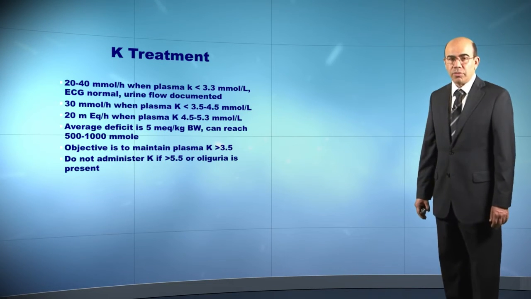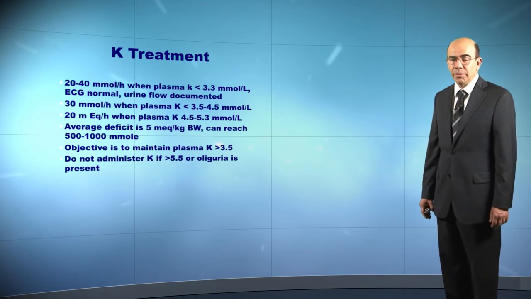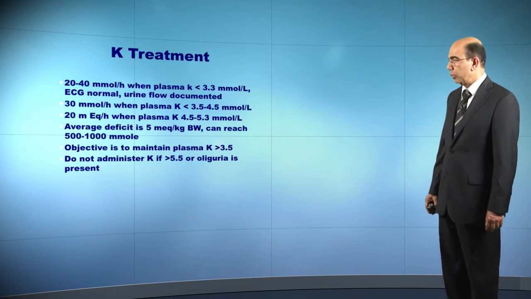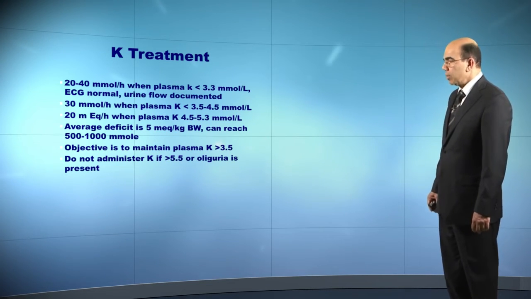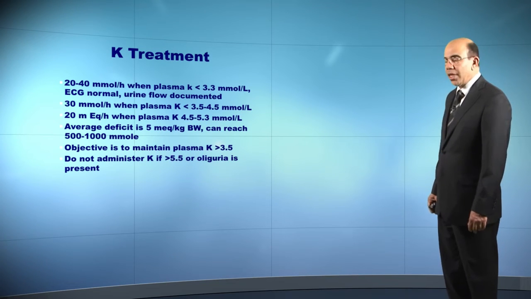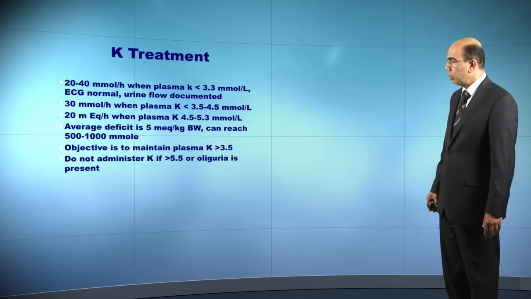Potassium treatment is extremely important in those patients, and hypokalemia is extremely dangerous for such patients. It leads to arrhythmias and therefore should be given paramount importance. In general, there is a sliding scale for potassium administration, so that when the potassium is very low, we administer more potassium.